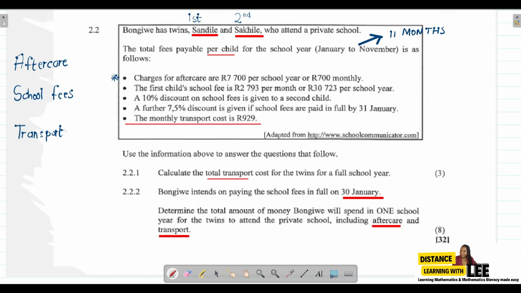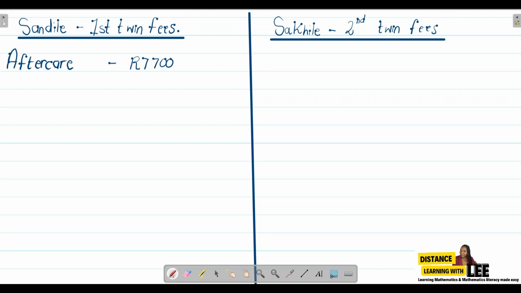We are told that charges for the aftercare is 7,700 per school year, or 700 monthly. So we know that for Usandile, she is going to pay 7,700 for aftercare. How did they get that 7,700? They simply took the 700 and multiplied it by 11.